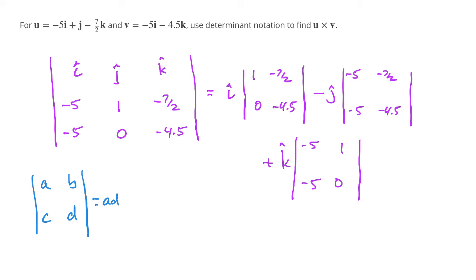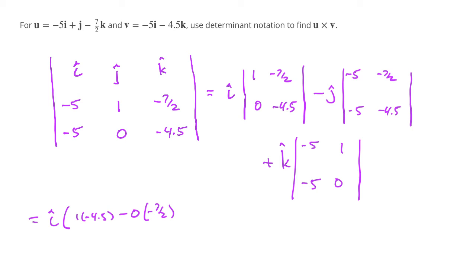So we've got a times d minus b times c. What that gives us in this case will be i times our value 1 times a -4.5 minus 0 times a -7/2. Then our minus j times our main diagonal, so a -5 times a -4.5 minus a -5 times a -7/2.